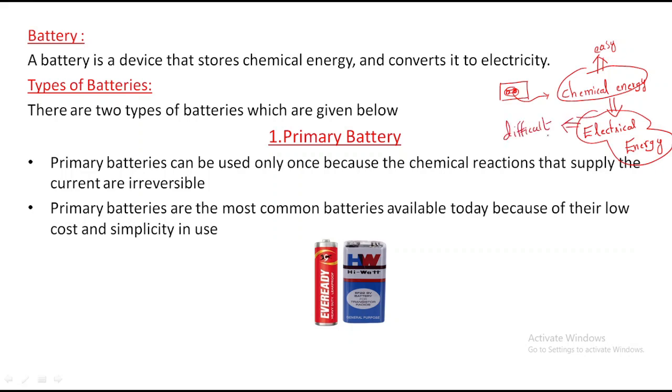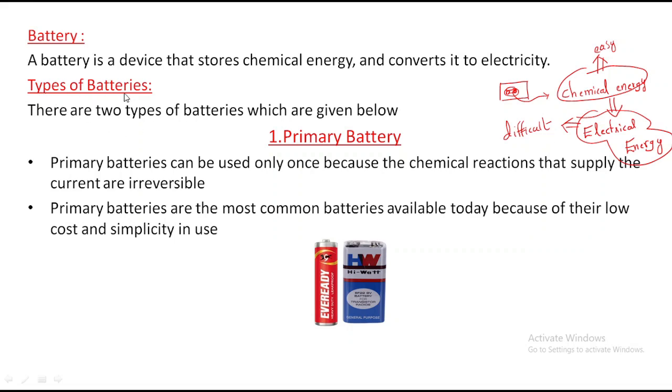So a battery stores energy in the form of chemical energy only, not electrical energy. That's why the definition is: a battery is a device that stores chemical energy and converts it to electricity. The reason is that chemical energy storing is possible, but electrical energy storing is not.